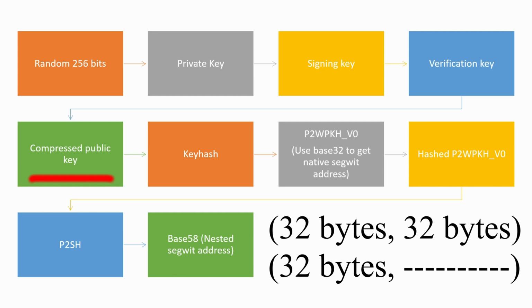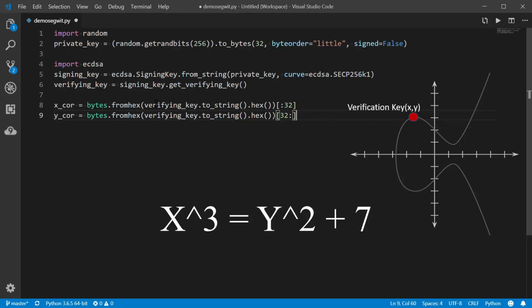Now, there is just one little caveat that needs to be taken into account when we are creating our compressed public key, and that is, if we have a look at the graph, the curve that we are about to use, we can see that it is a symmetrical graph. That means that for each x coordinate, there are two possible y coordinates. In this graph over here, we can see that there is either a plus y or a minus y.